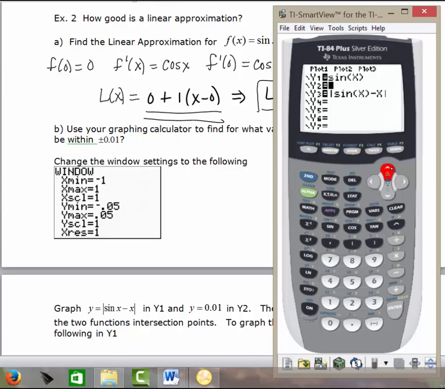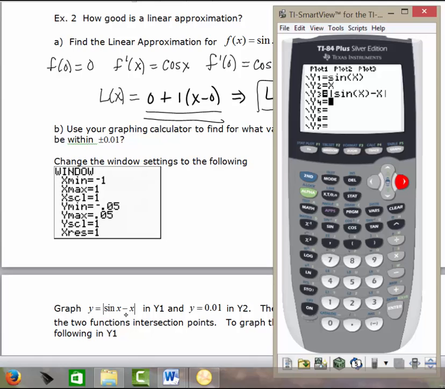I'm going to shut off the original equations here. You don't even have to type them in. You can literally just type in the absolute value of sine x minus x, and this is going to be my error. I want to find out for what values that is within plus or minus 0.01.